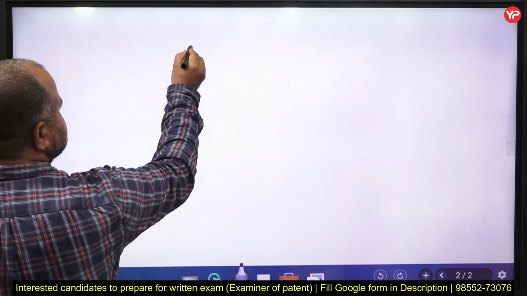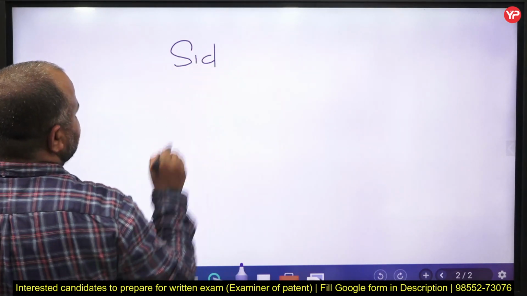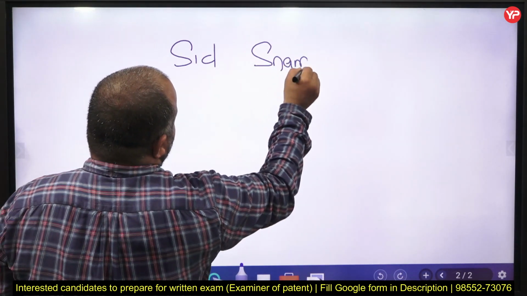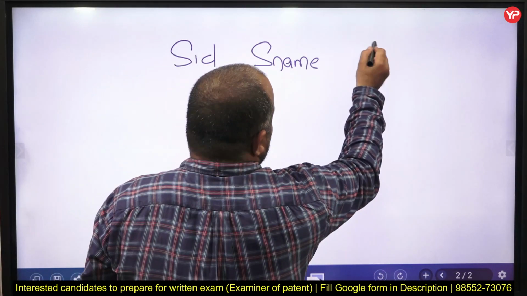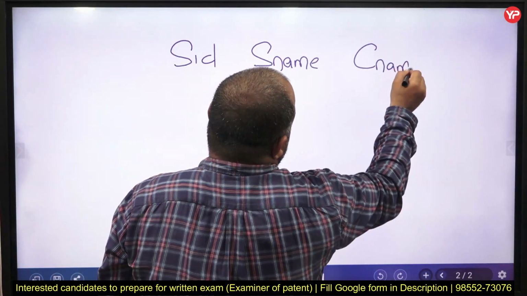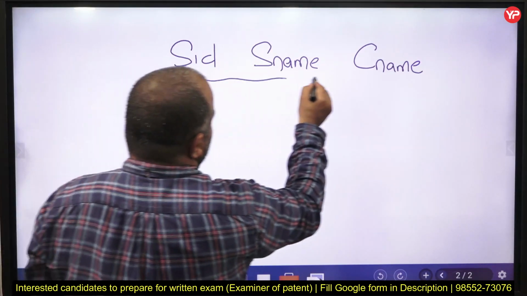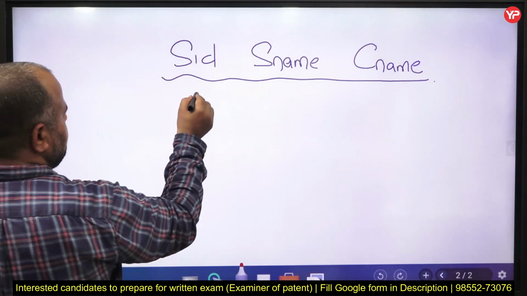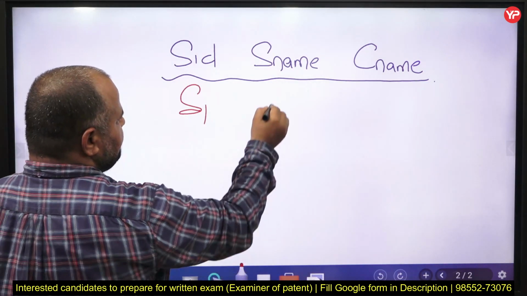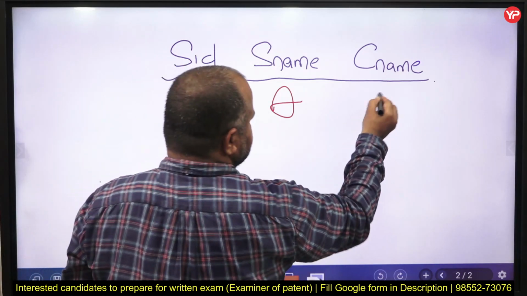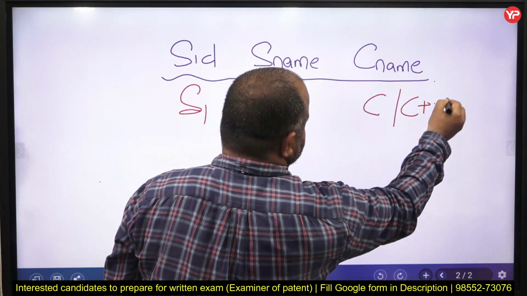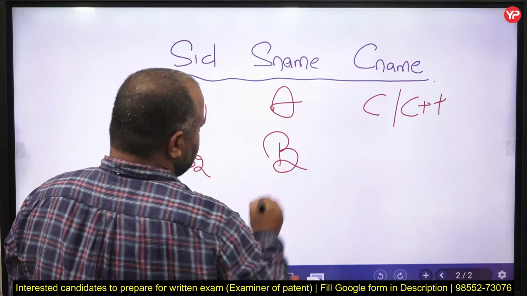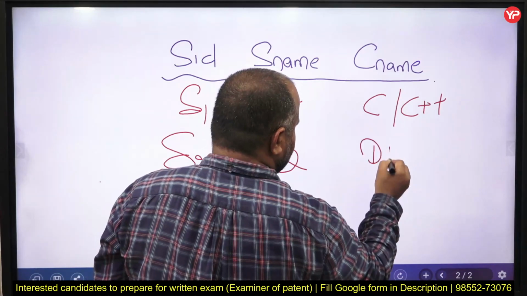Suppose we have a student table in which one attribute is SID, the second attribute is SName, and the next attribute is course name, the course in which the respective student is enrolled. If I put some data like this: student S1 having name A, enrolled in C and C++ courses; student S2 having name B, enrolled in DB and Java.